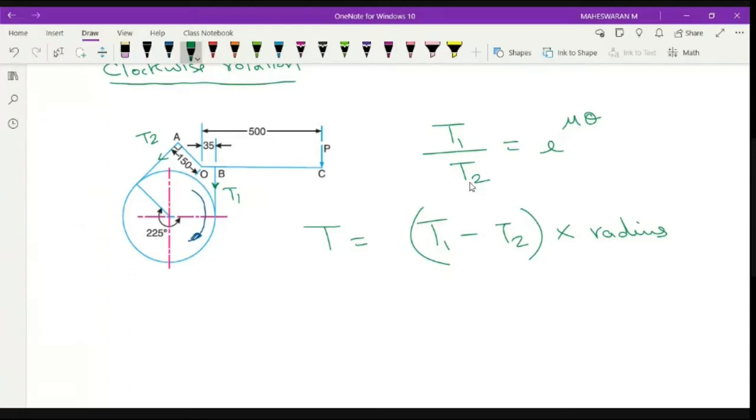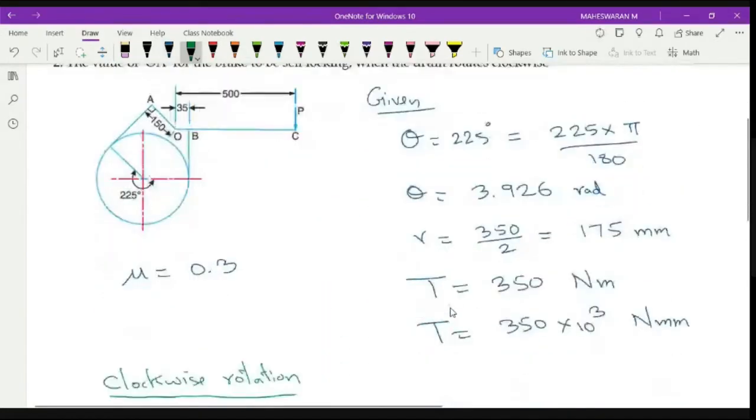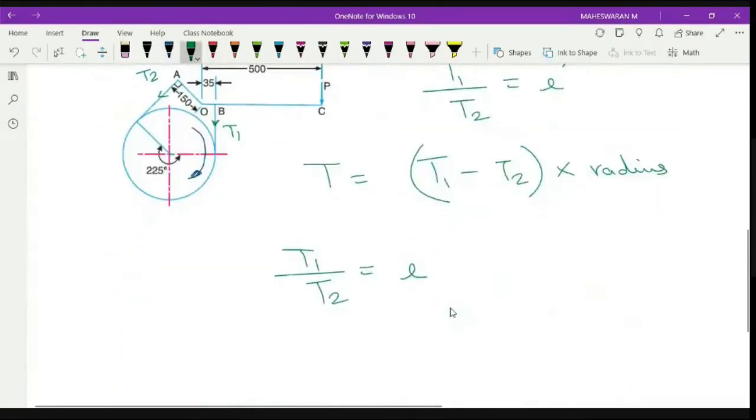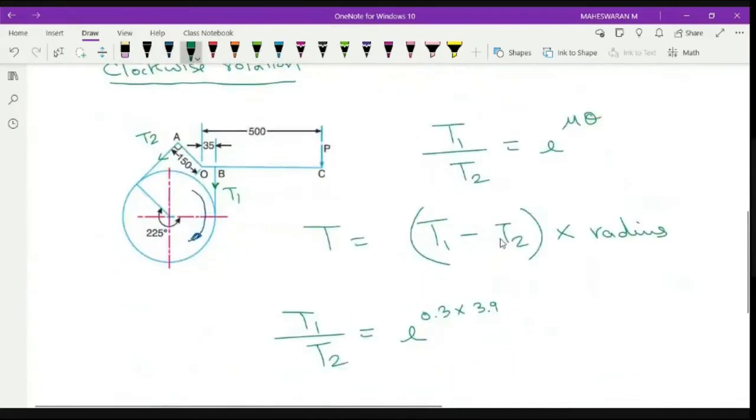I get T1 divided by T2 is equal to e power mu theta. So mu is 0.3 and theta is 3.926.